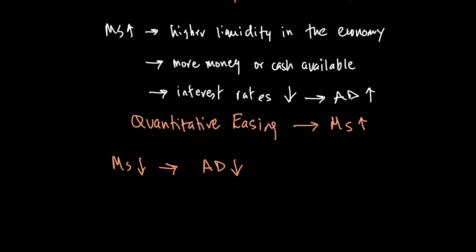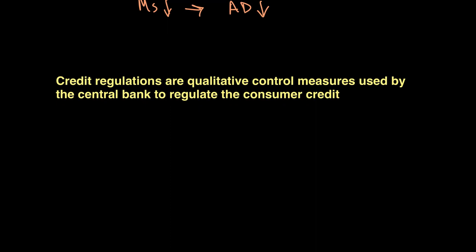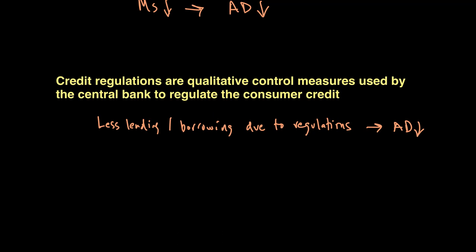Another tool that we'll look at is what we call credit regulation. Credit regulation is simply a qualitative control that the government or central bank may sometimes put on consumer credit, and they make it difficult for people to borrow money, for example, because the higher the regulation, the higher will be the rules and regulations for borrowing, and therefore it will be easier to manage aggregate demand, because when there is less lending or borrowing, automatically people will not have money to spend, and therefore AD may fall.